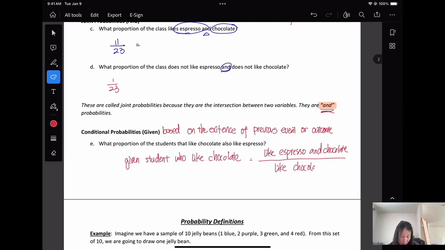It's not the total number of students, it's out of the students who like chocolate. So this is 11 students who like espresso and chocolate out of the total number of students who like chocolate, which is 18. This is called conditional probability. Next time we will talk more about how to calculate conditional probability.